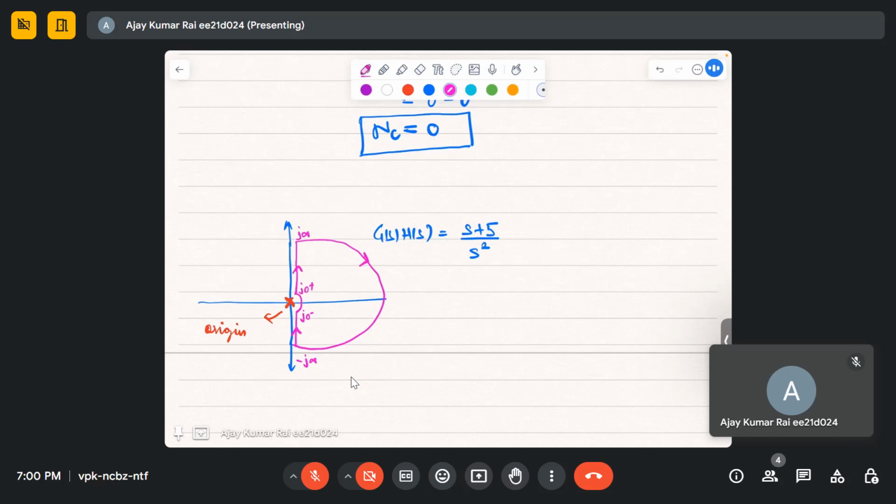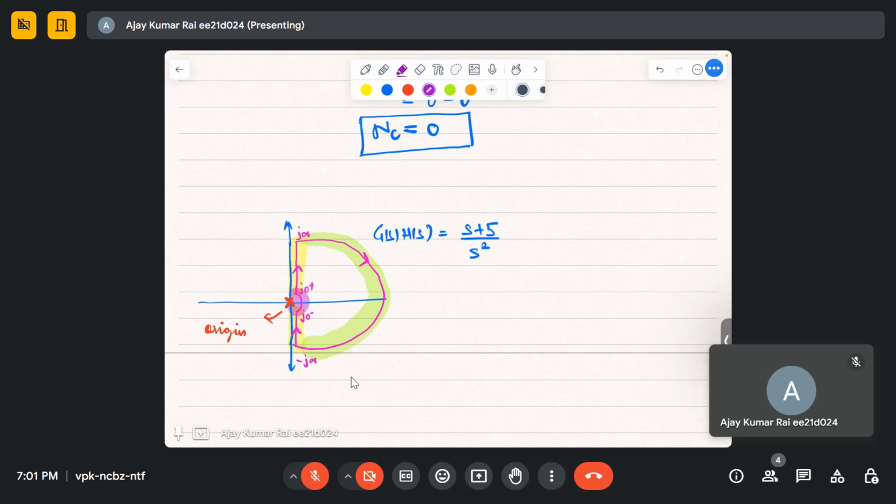Let me break it down into pieces. For this portion, we can draw the Nyquist plot from j0 plus to j infinity. We already know how to draw the Nyquist plot from 0 to infinity, and correspondingly j0 minus to minus j infinity will be the mirror image of that. Then there is one more plot, the smaller one.